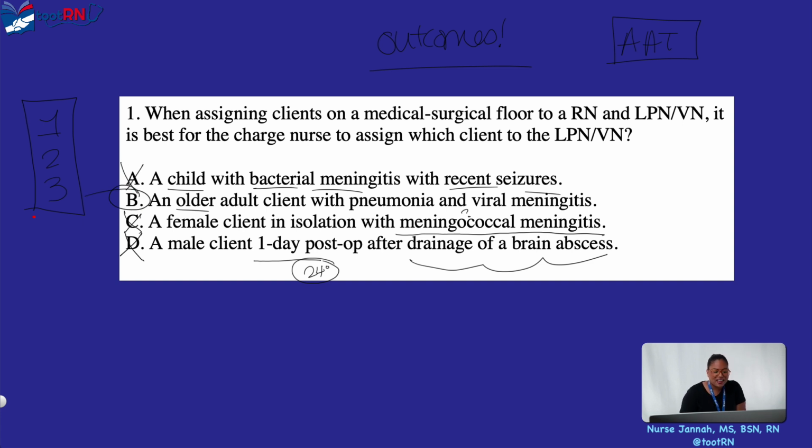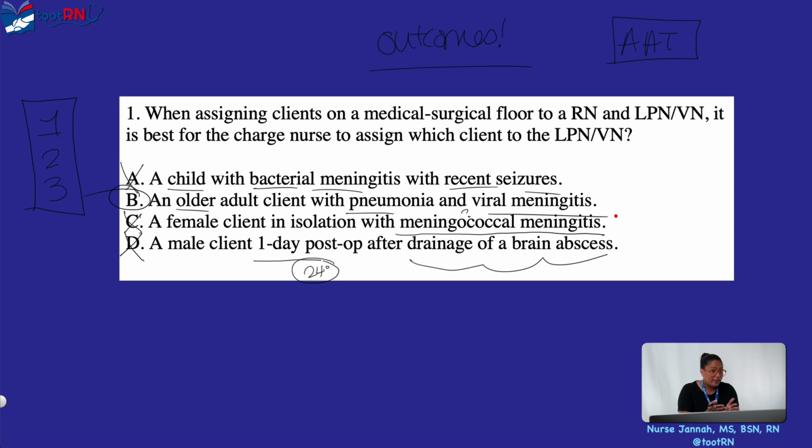But B, an older adult client with pneumonia and viral meningitis. Well, that sounds okay. Pneumonia and viral meningitis, both viral infections, right? When we think about a viral infection versus a bacterial infection as far as acuity is concerned and stability, viral infections are so much more predictable, stable in that way when compared to bacteria.